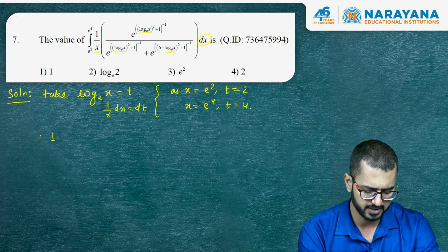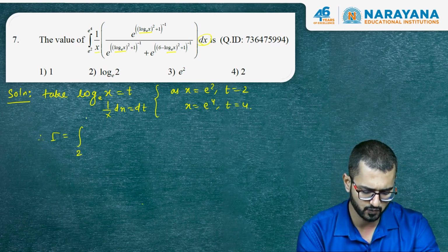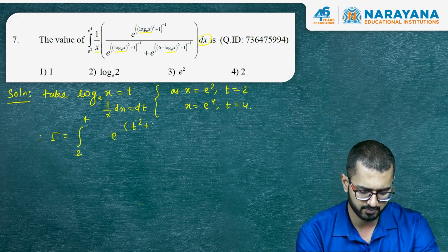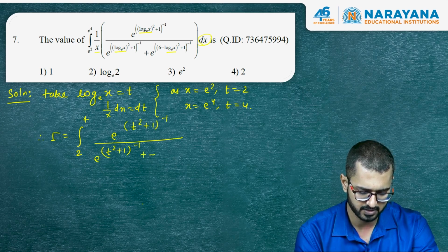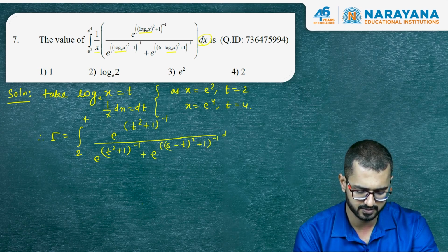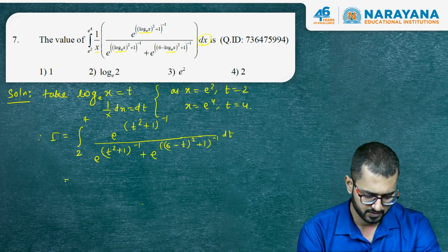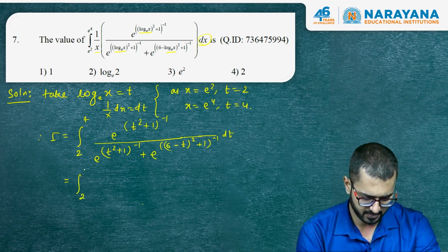So now this integration becomes the integral from 2 to 4 of e to the power (t square plus 1) the whole inverse, over e to the power (t square plus 1) the whole inverse plus e to the power ((6 minus t) the whole square plus 1) the whole inverse. That's what we have. So we'll again apply the property.